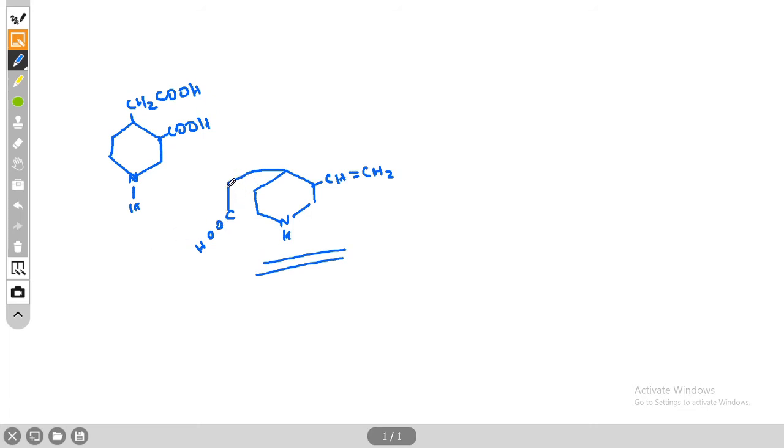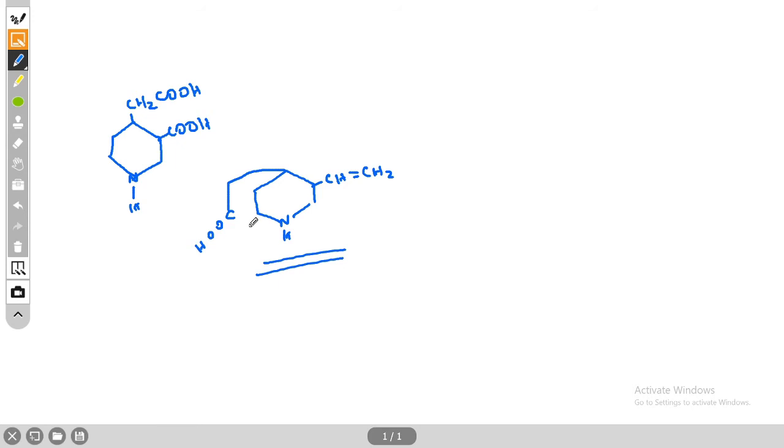Also, we have noticed that in quinine there is a tertiary nitrogen, but in meroquinine it is only secondary.